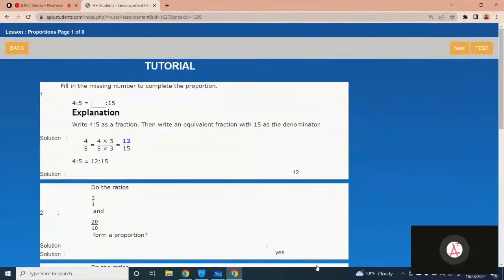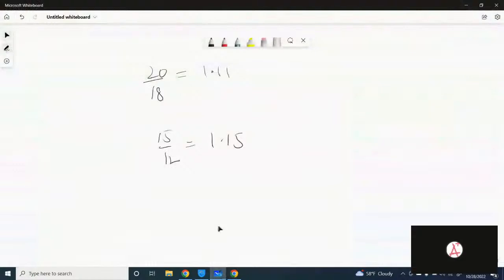Fill in the missing number to complete the proportion. So it would be 4 by 5 equals the missing number over 15. So you have to find the missing number.